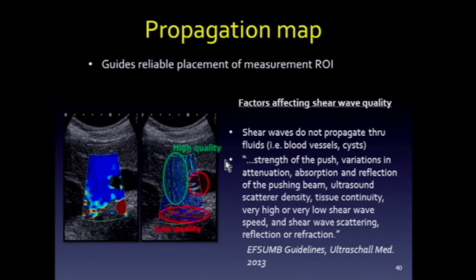So again, this gives you a guide to determine where you should take your measurements in the image. Here we've got waves that are very different, because we're too deep here, and in this case the carotid pulsation. So we now know we should do our measurement in this area of higher reliability.